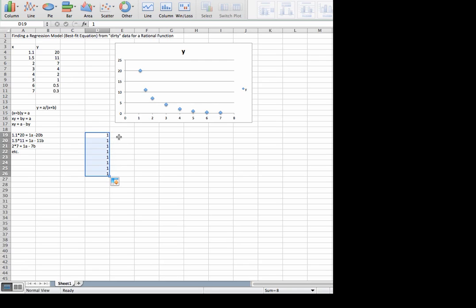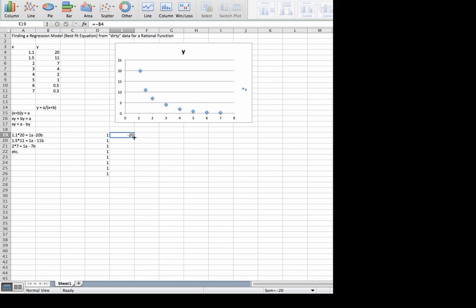Our second column will come from the coefficients of the b's, and you'll notice that the coefficients of the b's are, it looks like, just the y value with a negative sign. So I'm going to here put equals the opposite of, and I'm going to click on this 20 and just hit enter, and you'll see that it put the opposite of that there.